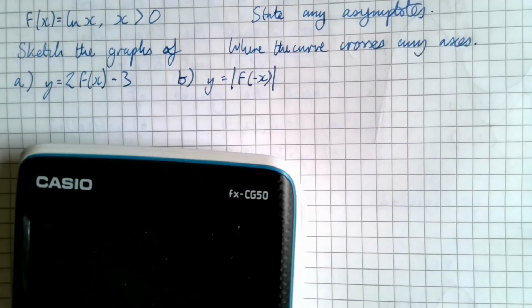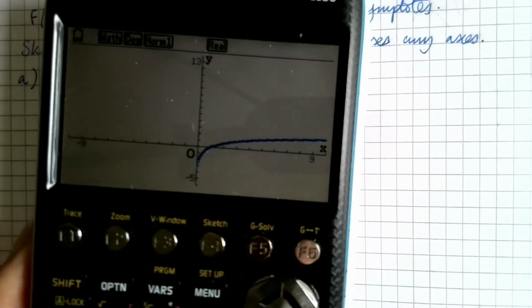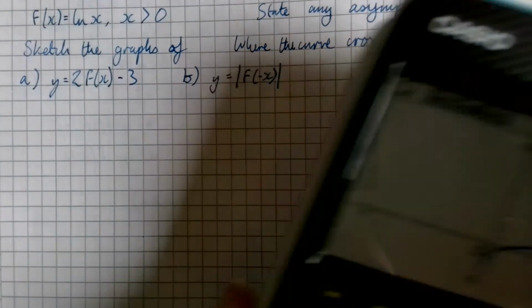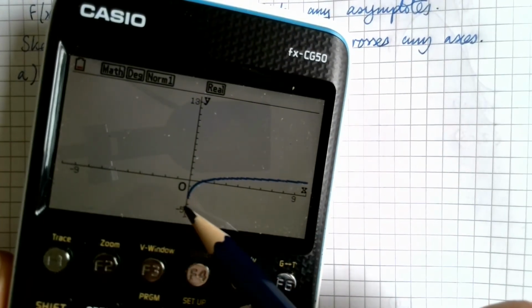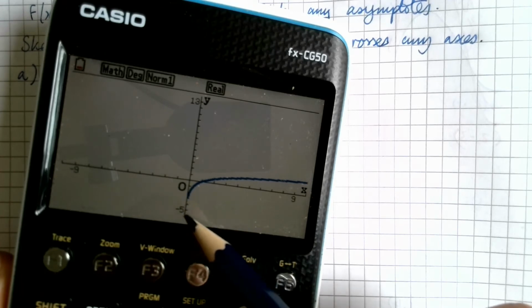So if we start off by sketching what we've just got here, what do we know? Well, we know that the asymptote here is the y-axis, and it's not crossing the y-axis ever.